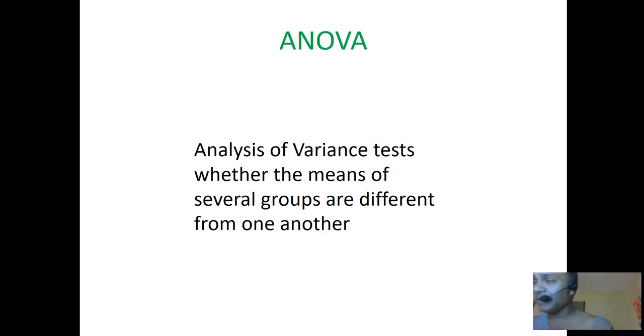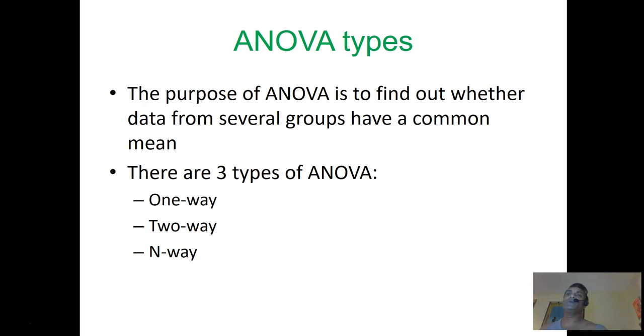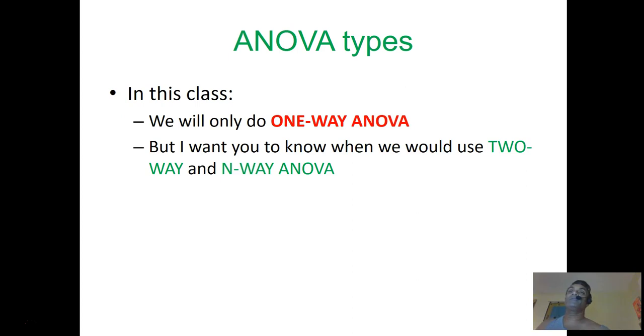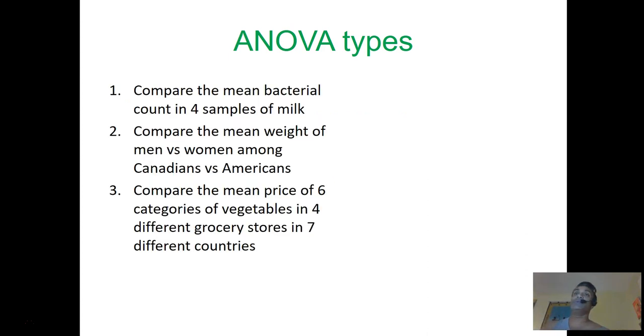It's like a t-test, but a t-test only compares two groups, and ANOVA compares lots of groups. So we can do a one-way, a two-way, or an n-way, and that depends on the number of categorical variables that we have. So in this class, we only learned how to do a one-way ANOVA, but again, I want you to know what the two-way and the n-way are and when to use them.